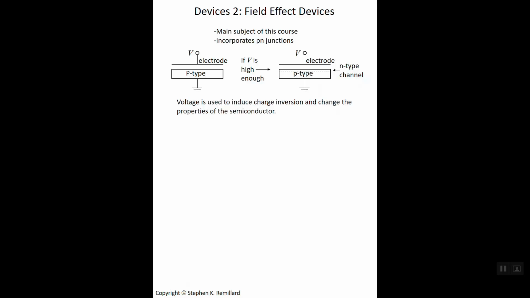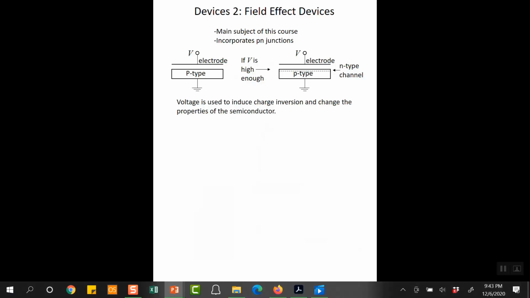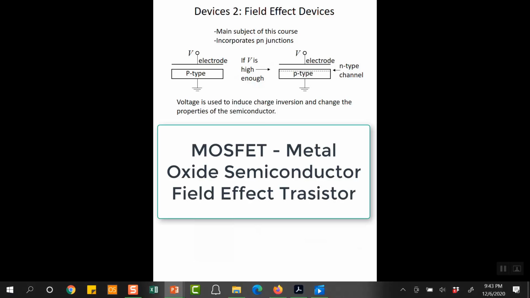This sort of capacitor and PN junctions are integrated together into a single device called a field effect transistor. And we're going to be studying that in quite a bit of detail. The device type that dominates the design of integrated circuits is in fact the MOSFET, the metal oxide semiconductor field effect transistor. This field effect capacitor is the beginning, the building block for all of that.